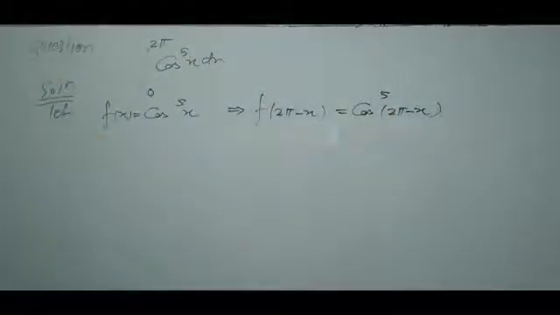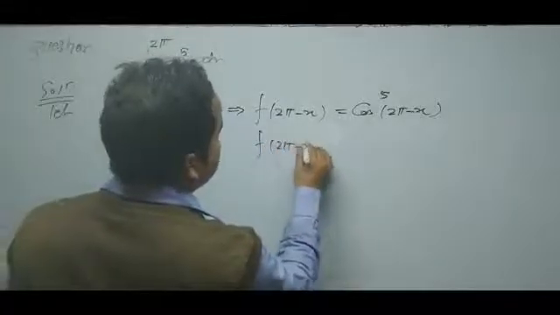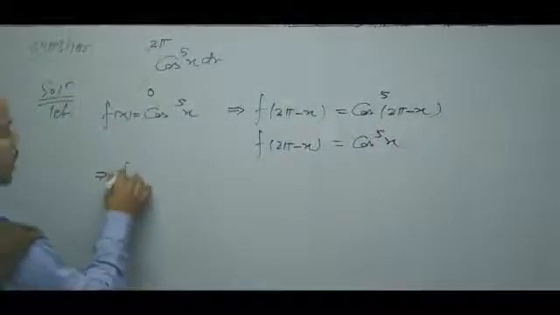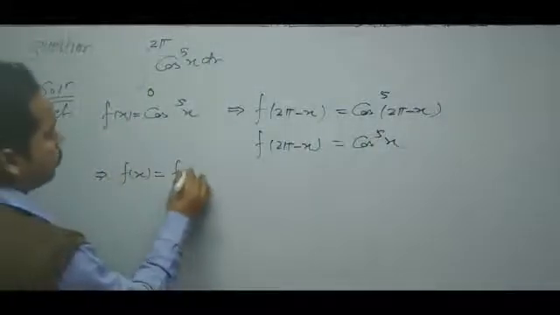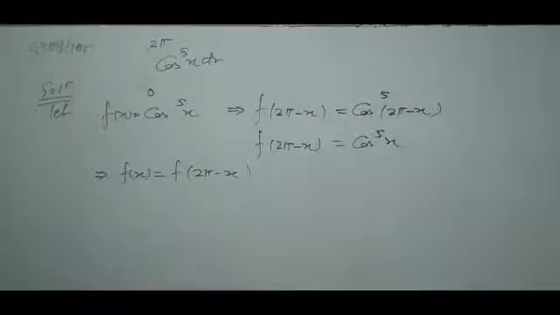And you know cos of 2 pi minus x lies in the fourth quadrant, and in the fourth quadrant the value of cos is positive. So f of 2 pi minus x is cos to the power 5 x. This implies we can say f(x) is equal to f of (2 pi minus x).